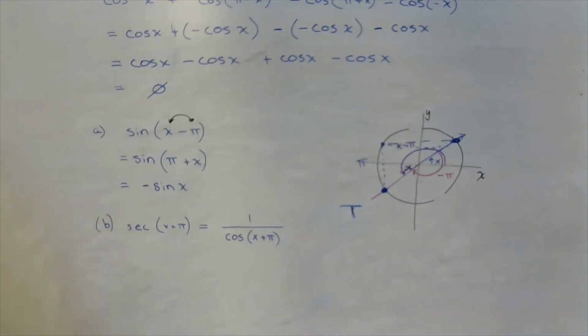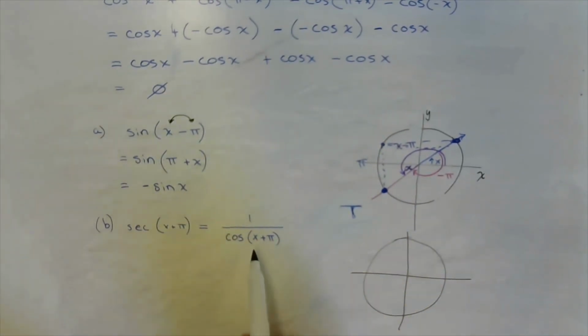So what are we going to do? We're going to draw a circle to find out where this angle is. Because once again, it's not given in a form that we're used to. It's x plus pi. It's easier because addition is commutative. So x plus pi is the same as pi plus x.